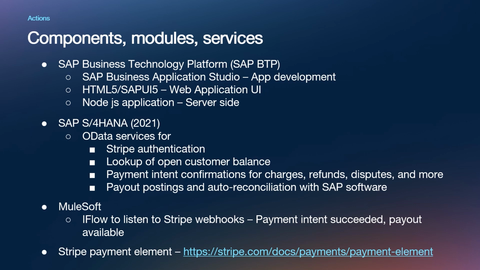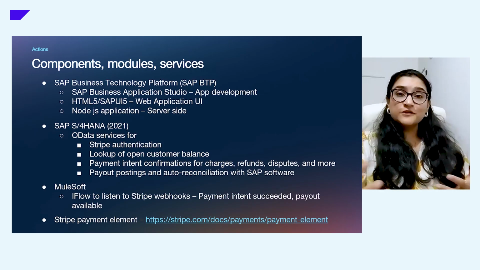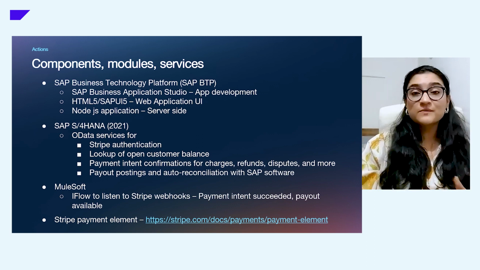The components, services, and modules that were involved in this solution architecture are mainly the SAP Business Technology Platform, S/4HANA ERP System 2021, MuleSoft integration layer, and Stripe as a PSP provider. We use the Business Technology Platform mainly for the Business Application Studio service.